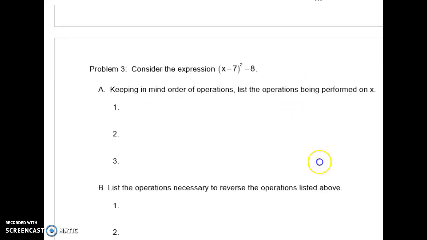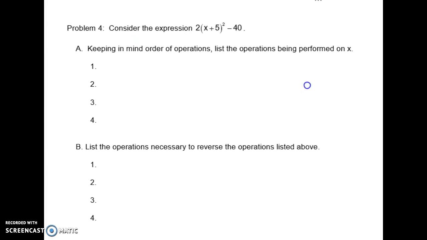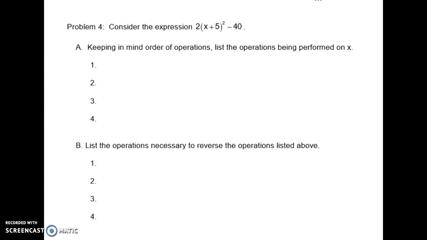So let's look at a more involved problem like number 4 here. Consider the expression 2 times the quantity x plus 5 squared minus 40. So if I'm following order of operations, it says take care of anything that's in parentheses first. So what's in parentheses is adding 5. Then I'm supposed to do anything with an exponent, so that's squaring. And then I'm supposed to multiply by 2.